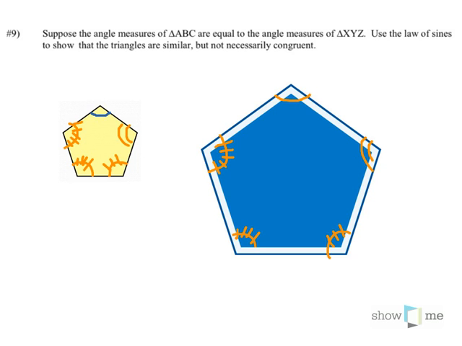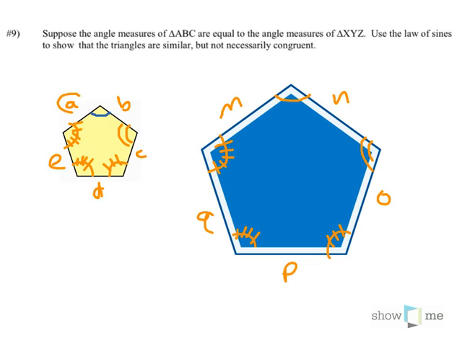The other part, let's say this side is A, B, C, D, E, and over here we've got M, N, O, P, Q. To be similar, the corresponding sides have to be proportional.